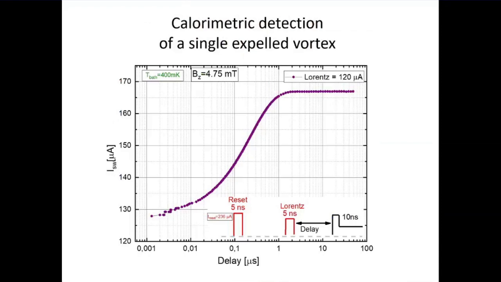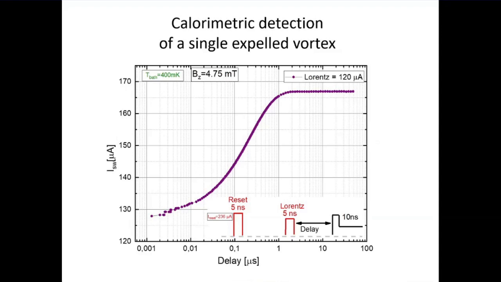This is the usual relaxation experiment, which is depicted here in the bottom panel. This is the pulse sequence that I use. I reset the system, I expel the vortex, and then I ask, what is the temperature of the bridge?